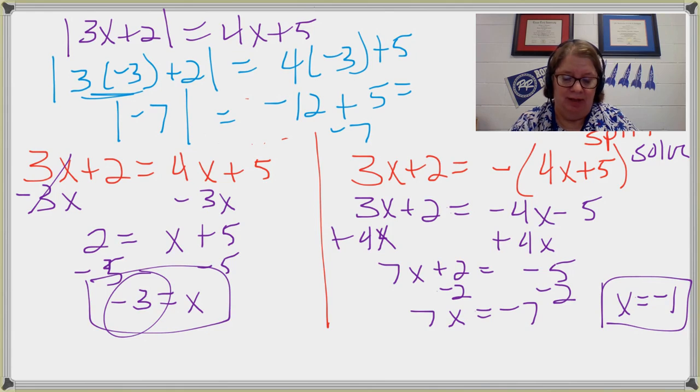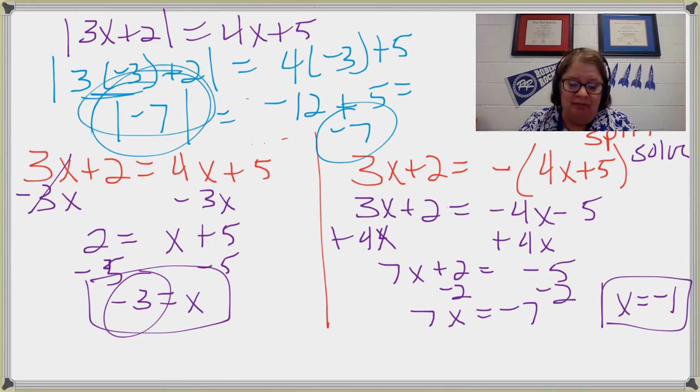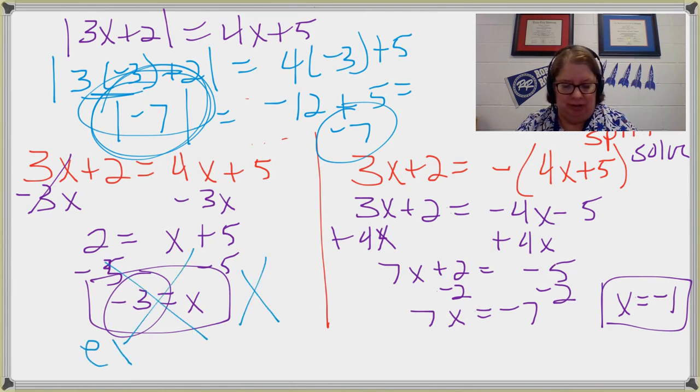So here I have the absolute value of negative 7 equals negative 7. What do we know about absolute value and negative? Absolute value is always positive. It can't be negative. The absolute value of negative 7 is positive 7, not negative 7. So this one doesn't work. That's called an extraneous solution.